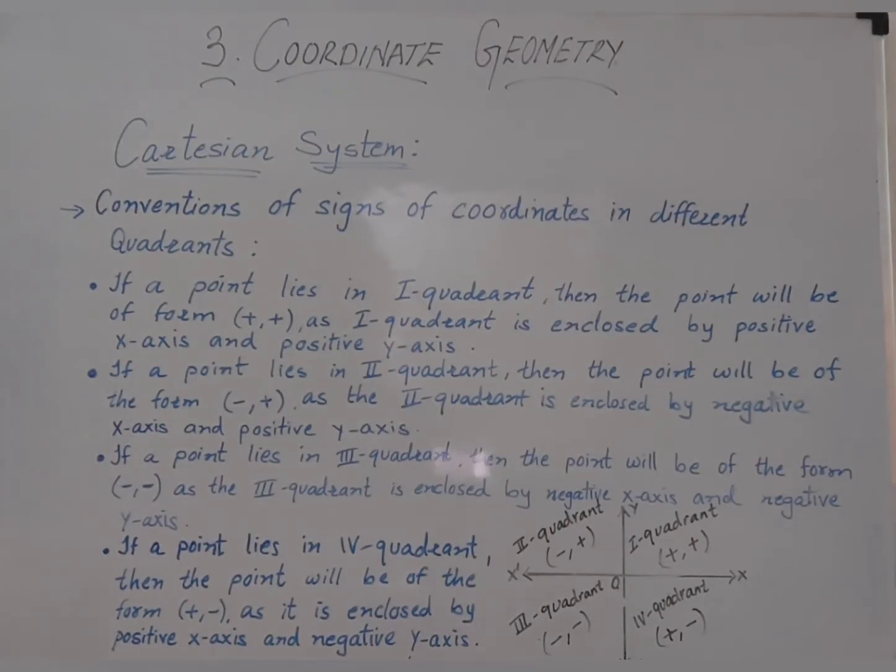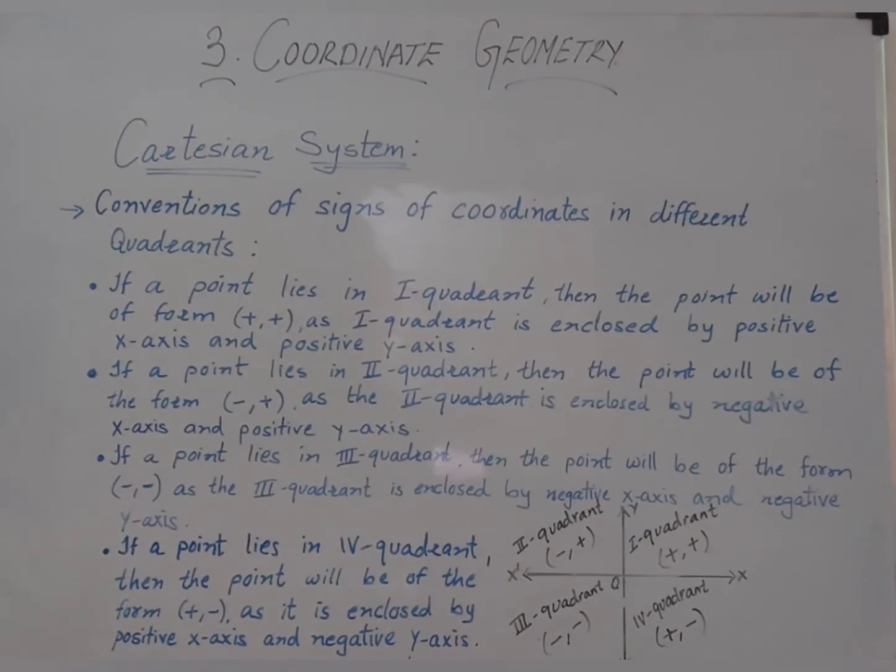That is, if a given point is in second quadrant, then abscissa will be negative and ordinate will be positive. That is, value of x will be a negative number and value of y will be a positive number.